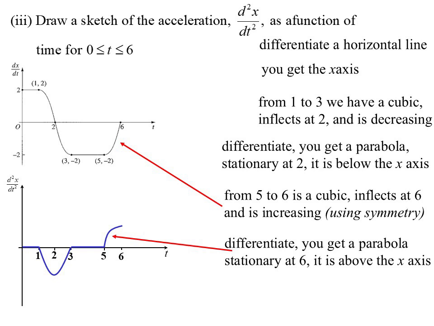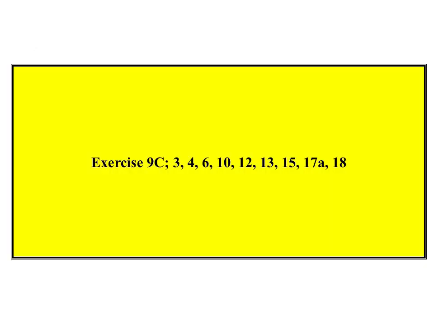So I should get the same sort of picture then. I assumed the other one's going to be a parabola, so I reckon this is going to be some sort of parabolic thing too. So there we go. Stationary at 6, it's going to be above because it's increasing, and I've got this weird graph for acceleration. All right, that shall do it.